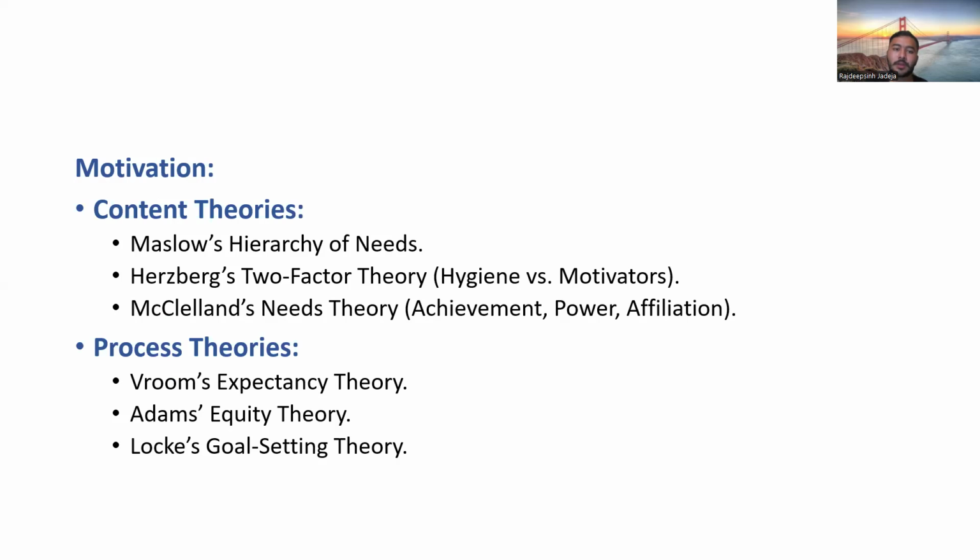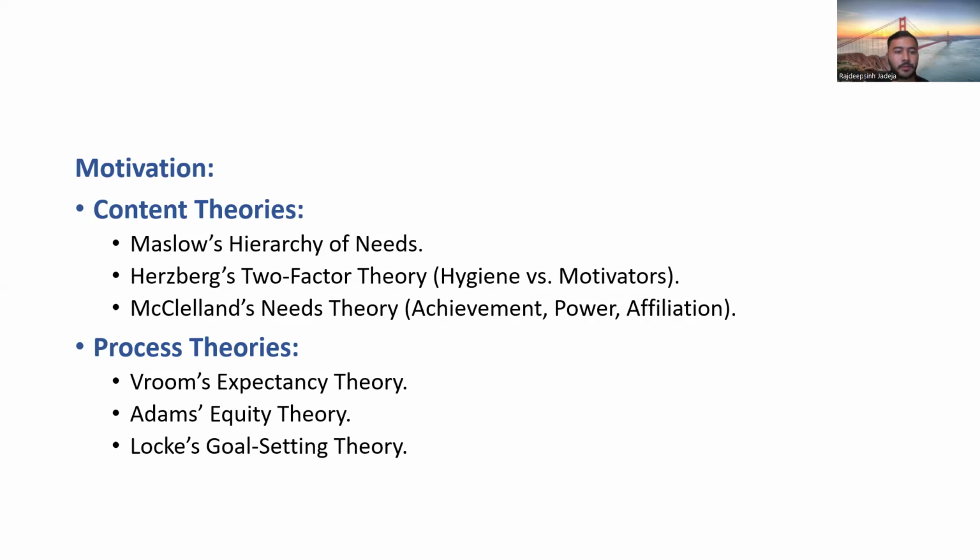Now comes the motivation. Motivation may be inner or outer. It depends on the person or individual, and on many factors like motivation towards work, motivation towards family, motivation to do something different from others. There are content theories and process theories in motivation.